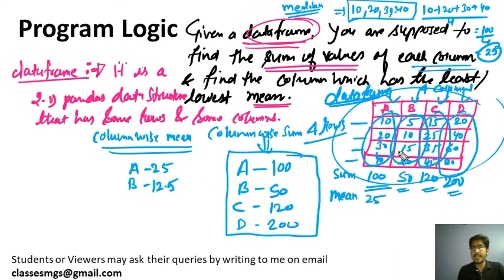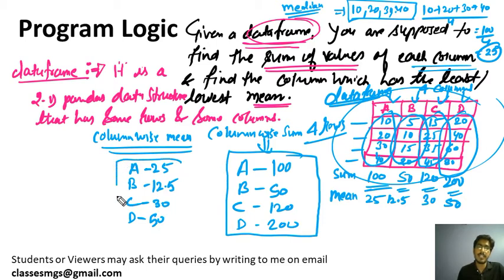Okay. And C column mean will be 120 divided by 4, that is 30. And D column mean is 200 divided by 4, so D column mean is 50.